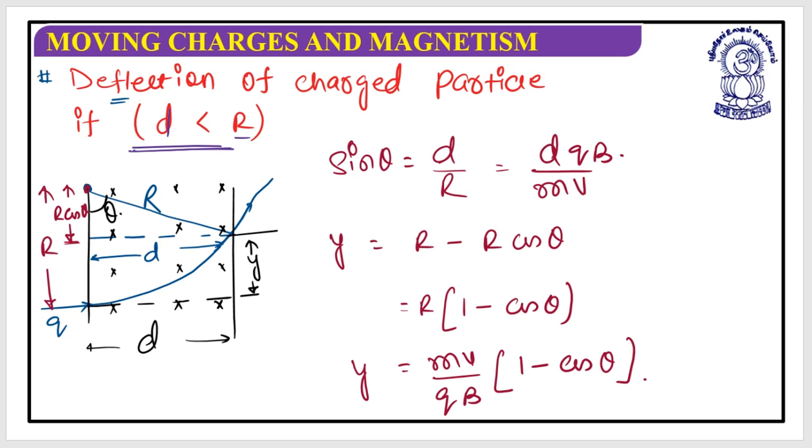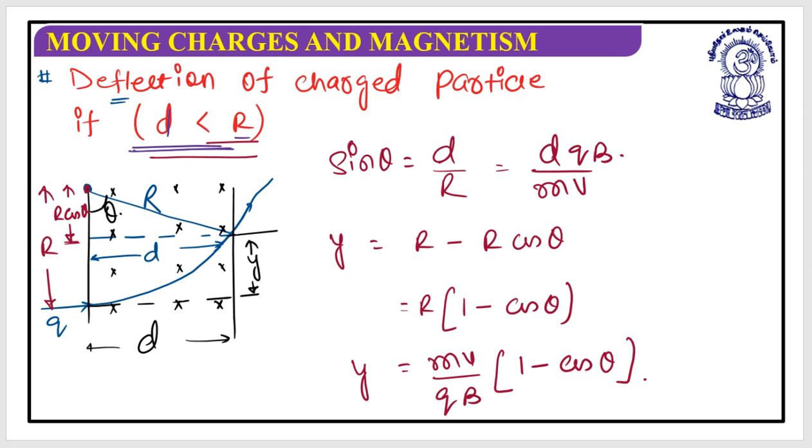This is the deflection of the charged particle. Is it clear? Please understand that this is applicable if d is less than r. If d is not less than r, you need to apply the simple concept. Is it clear?